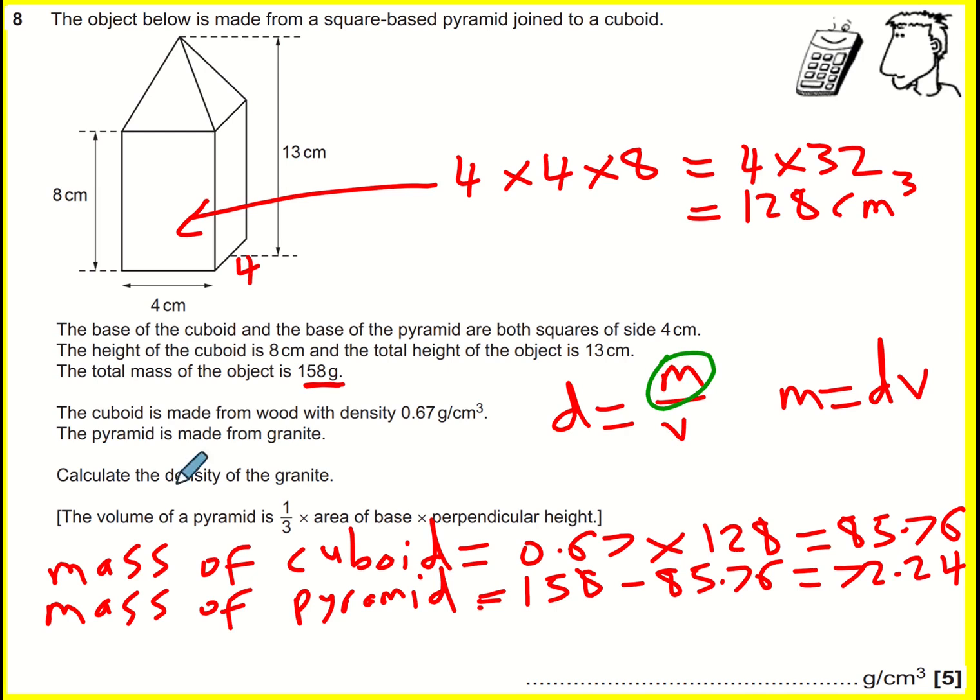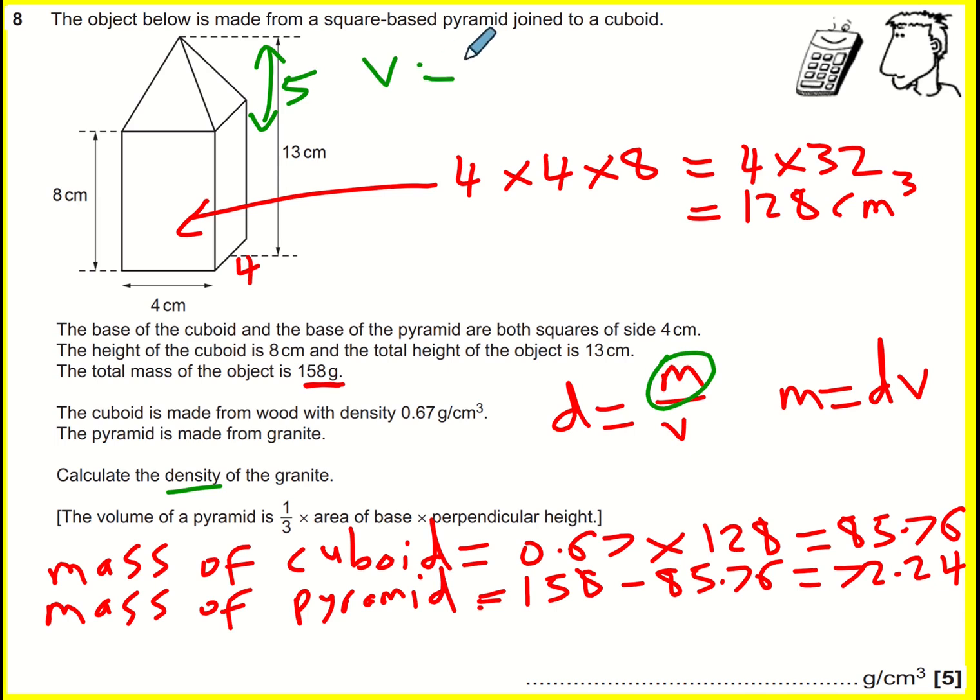We want the density of the granite in the pyramid, so we just need the volume of the pyramid. And that's good, because we're told the volume of the pyramid is 1/3 times the area of the base times the perpendicular height. We've got that the full height is 13, the height of the cuboid is 8, so this height is going to be 5.